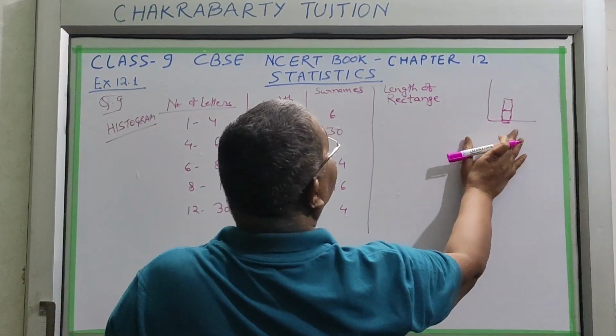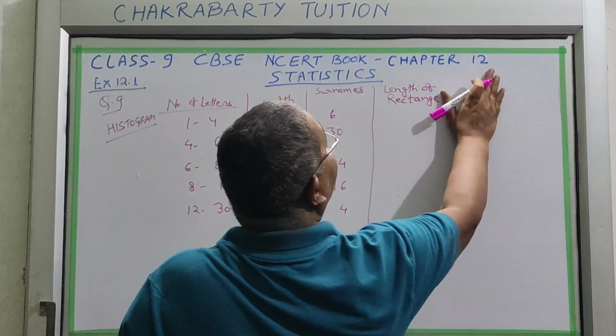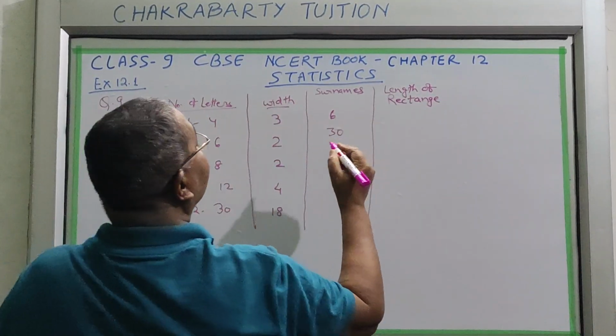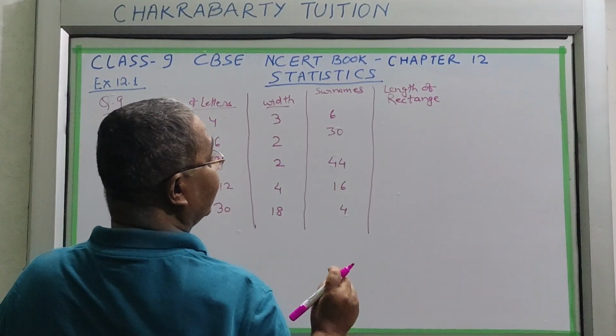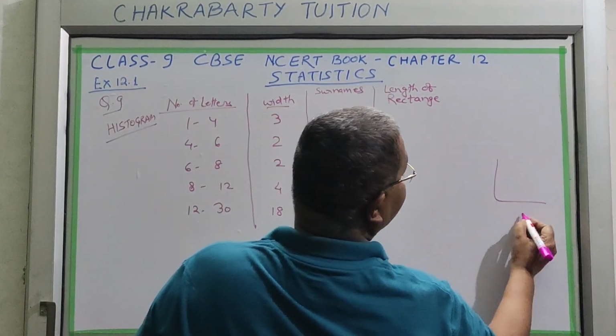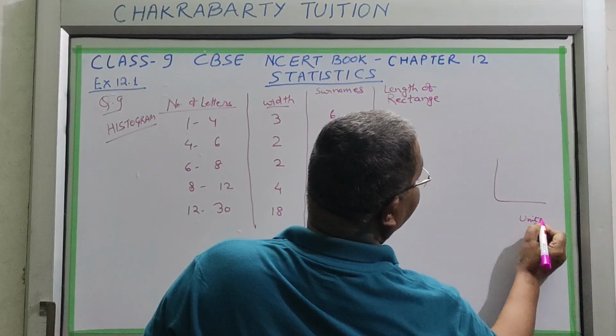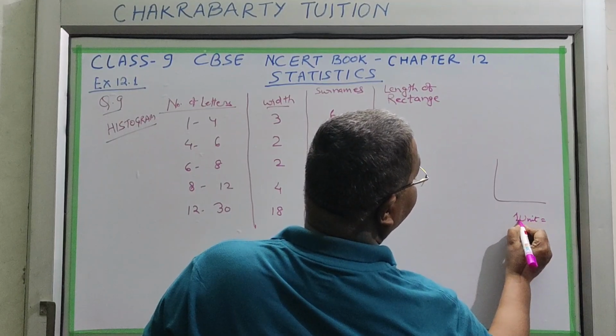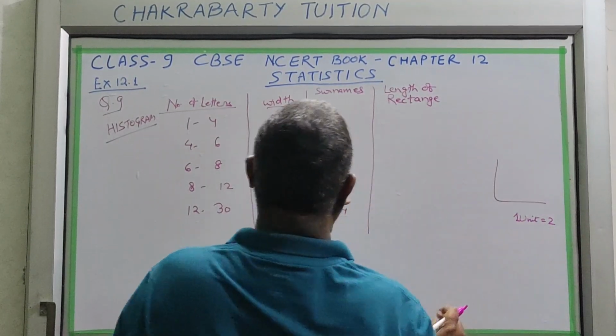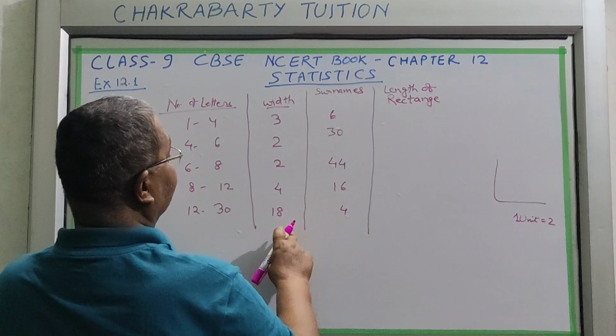For that purpose we calculate for each class, and we have to decide the units we will be taking. Suppose we want to take 1 unit equal to 2, so that we can easily plot it.